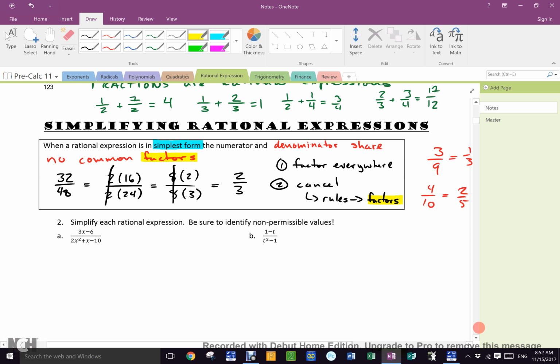First thing I need to do is factor everything. What can I do on the top? I'm going to highlight it in yellow. In the numerator, what can I factor? The 3. How do I write that? 3 times (x minus 2), correct?